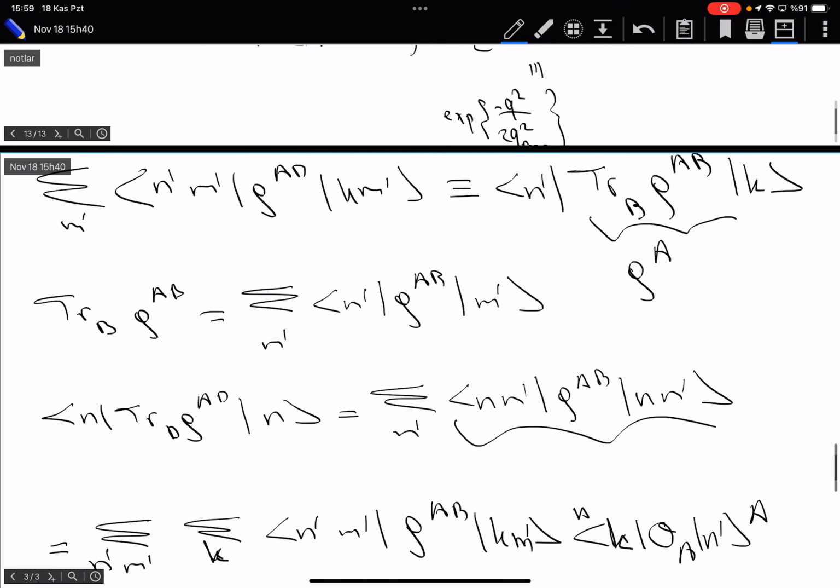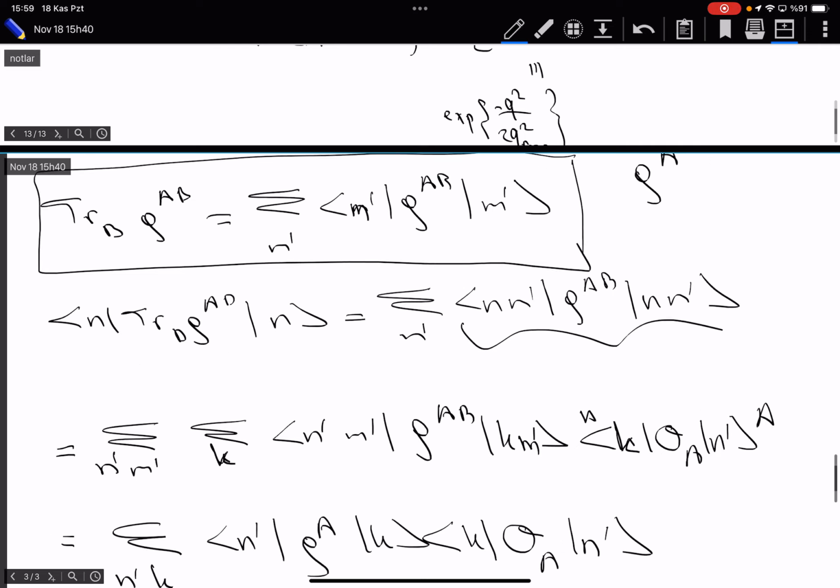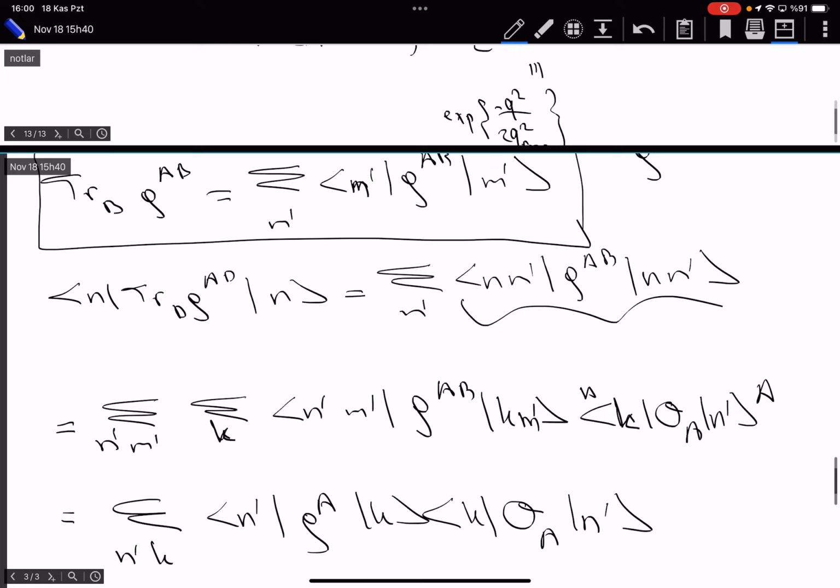This is the definition of the partial trace. Other questions?